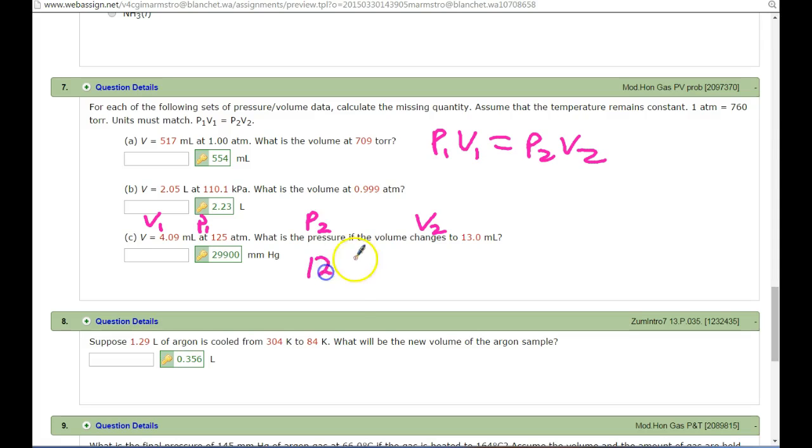They're both in milliliters, right? Yay. And times T1, which is 143, that's where I got that from, plus 273.